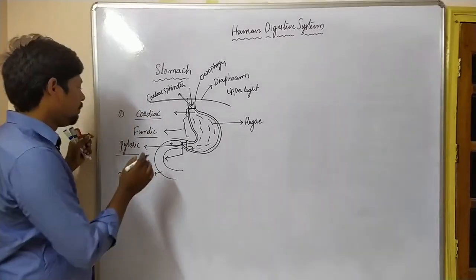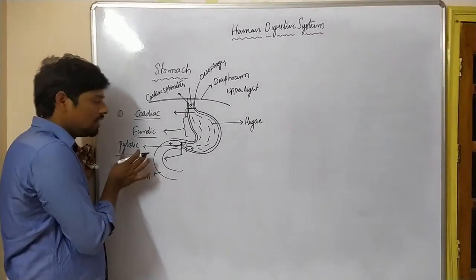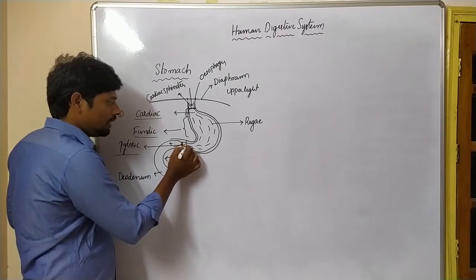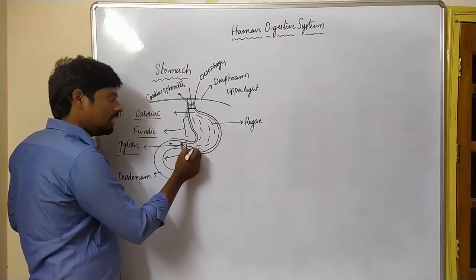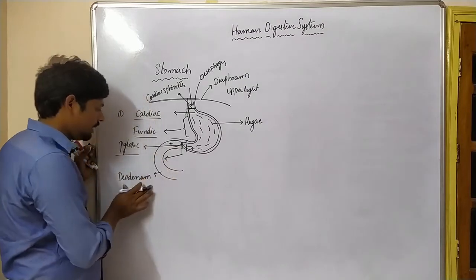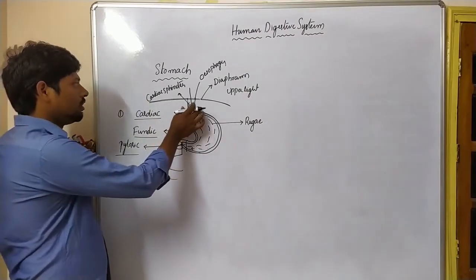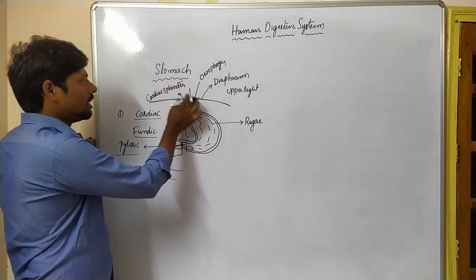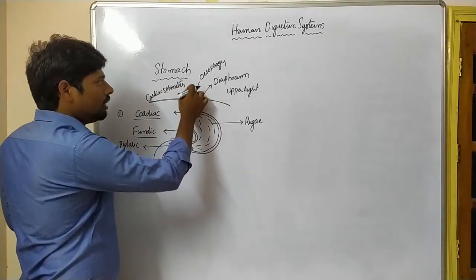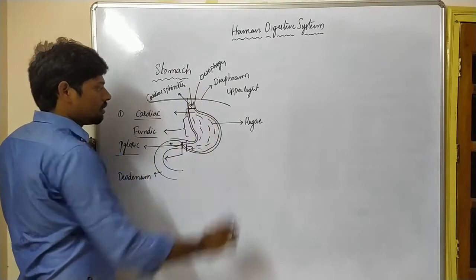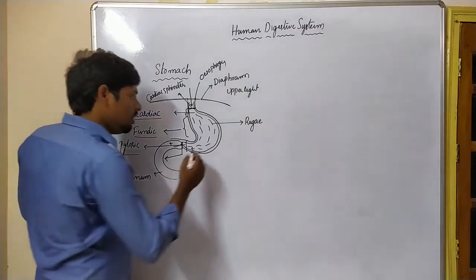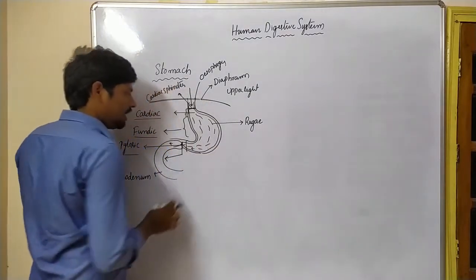So the pyloric region acts as a prevention for the food particles entering from the stomach to the small intestine, especially the duodenum. The cardiac sphincter prevents the entry of food from the esophagus to the stomach regions.